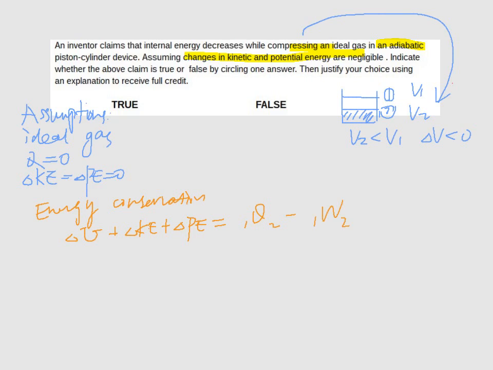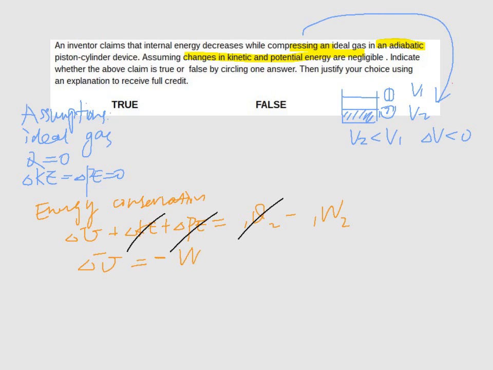And since we made the assumption that delta KE and delta PE are zeros, these two terms are gone. And also we said it's an adiabatic process, so Q is also zero. This is fun. So we're only left with two terms. Now we only have delta U, the change in internal energy, and also the work from 1 to 2.